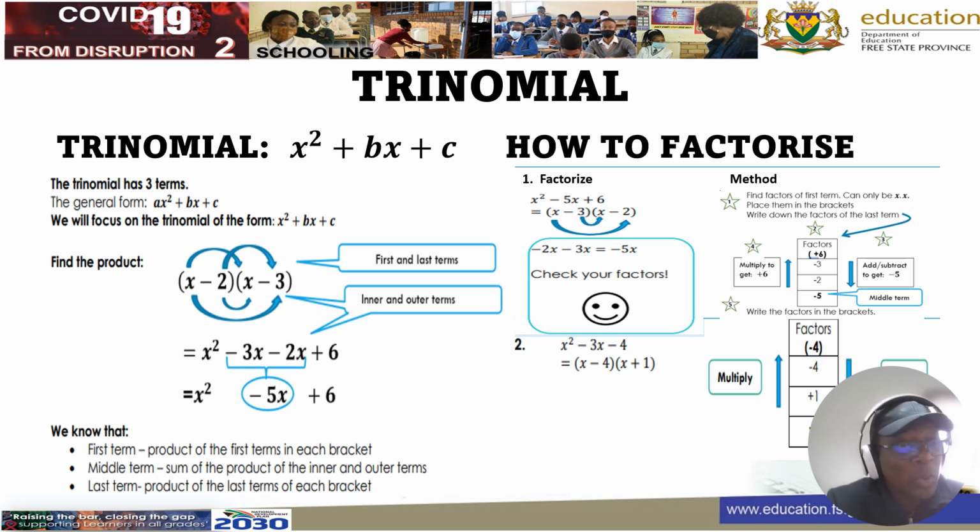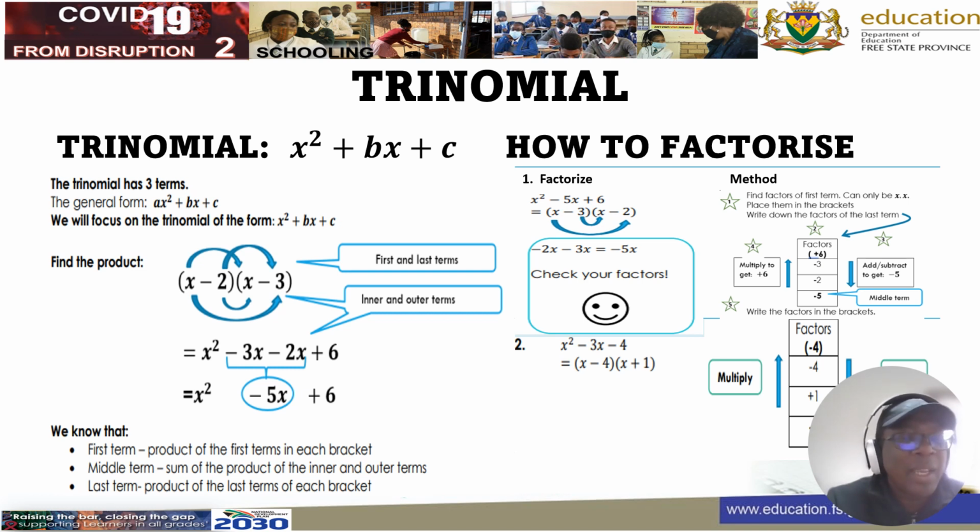Then let's find the product of this example. We multiply the first term and the last term. When we multiply the first two terms, we have x squared. When we multiply the inner and the outer terms, we have minus 3x and minus 2x.